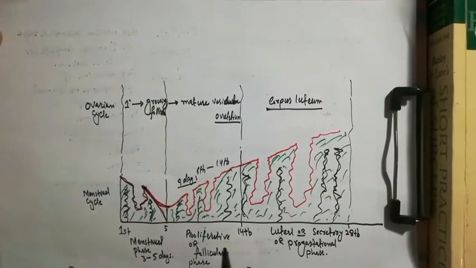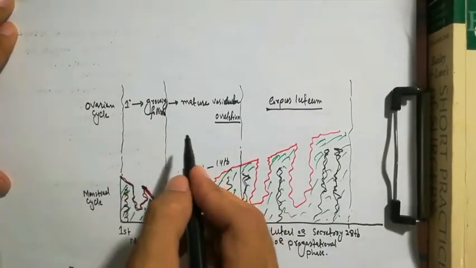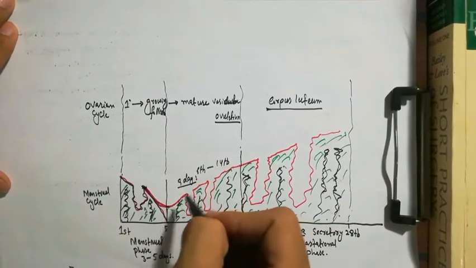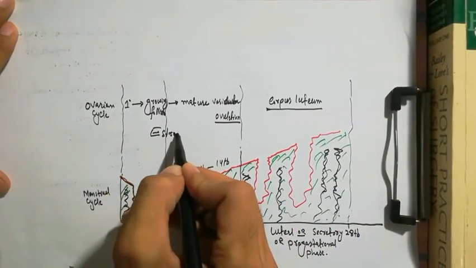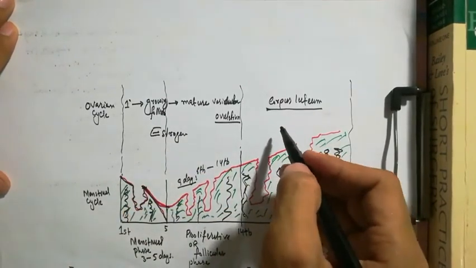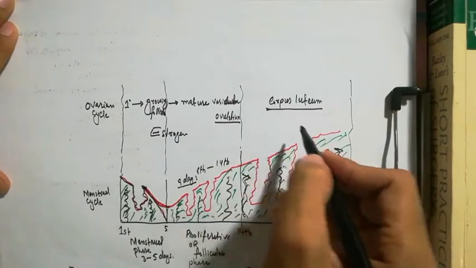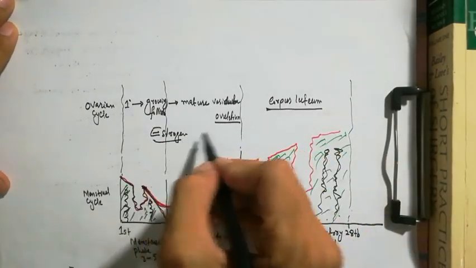During menstrual and proliferative phase, the major hormone acting on endometrial tissue is estrogen, and the major hormone secreted and acting on endometrial tissue during luteal or secretory phase is progesterone.